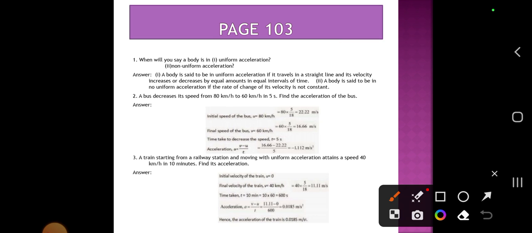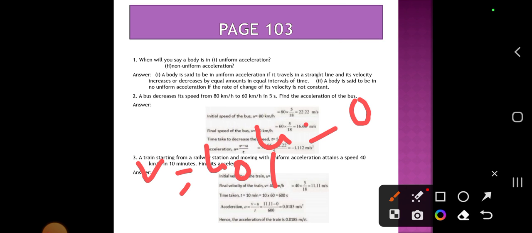See, a train starting from the railway station, that is why its initial velocity u is equal to 0. And moving with uniform acceleration, the final velocity v is 40 km per hour.